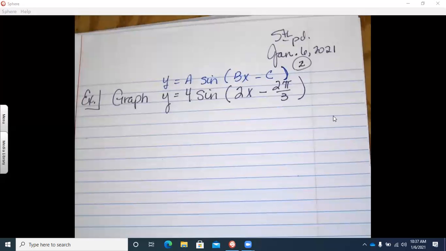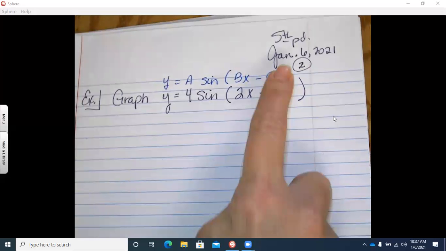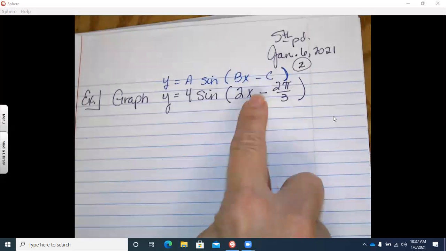So my a is 4. What's your b? 2. What is your c? It looks like it's negative 2 pi over 3, but it's positive because the formula subtracts c. So if c was negative, you subtract a negative, it will look positive. If c was positive 2 pi thirds and you plug it into the formula, it's going to look negative because the formula subtracts it. So you got to be careful about that. We'll make a note of it in a minute.